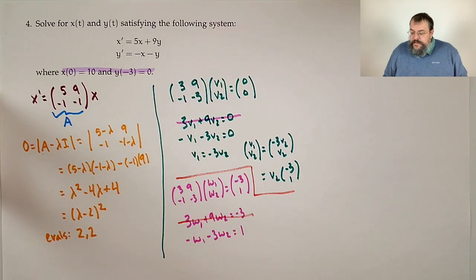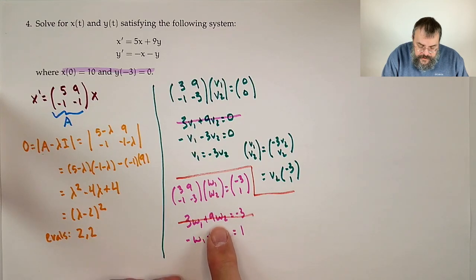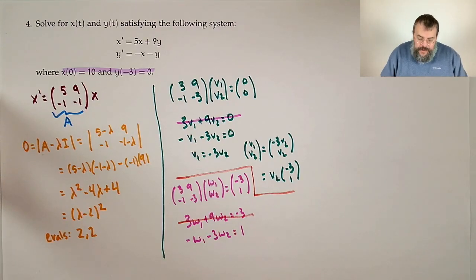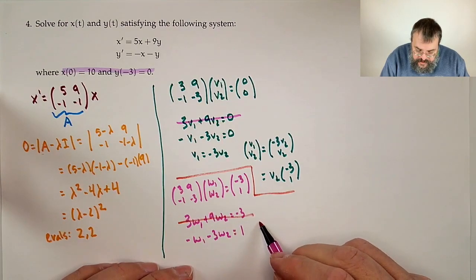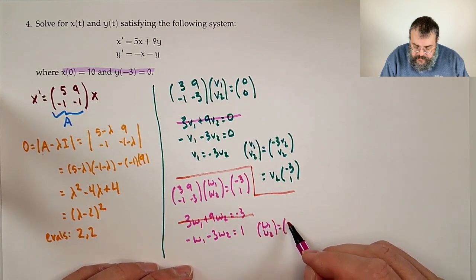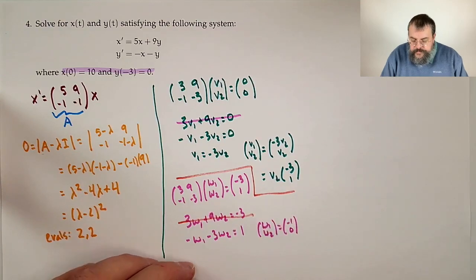The way I look for something simple is, if I set one of them to 0, do I get a really nice answer for the other value? If I set W2 equals 0, W1 equals minus 1, that's super clean. So let's go with that. We'll say W1, W2 is just negative 1, 0.